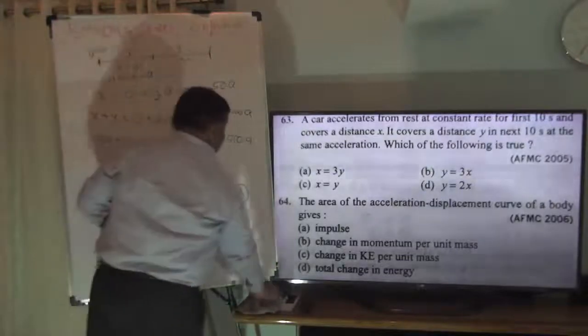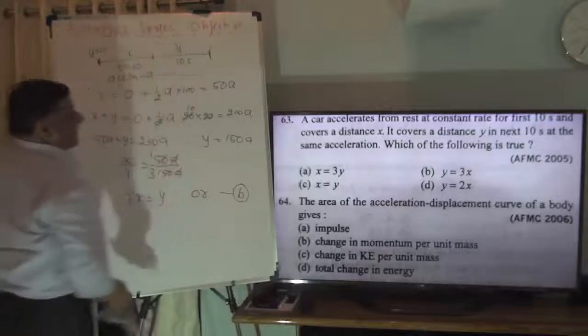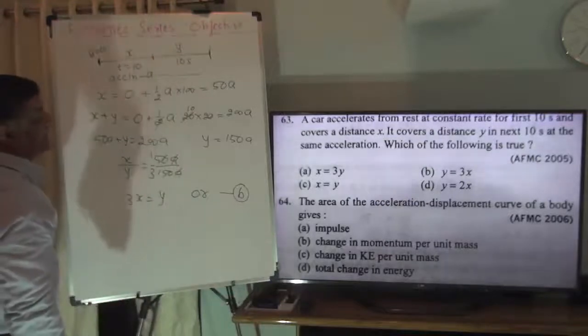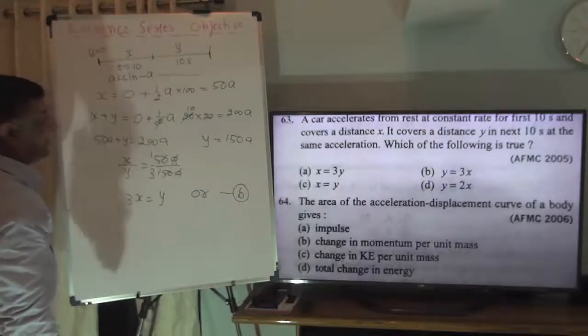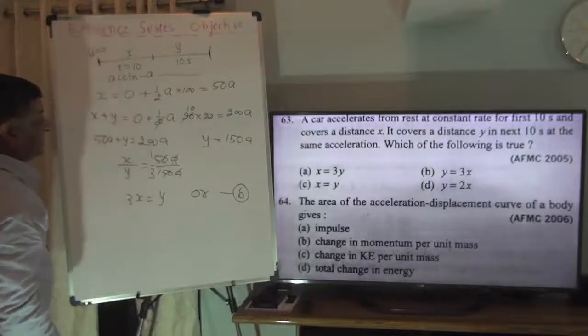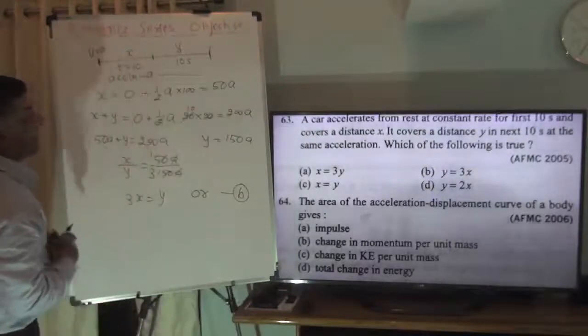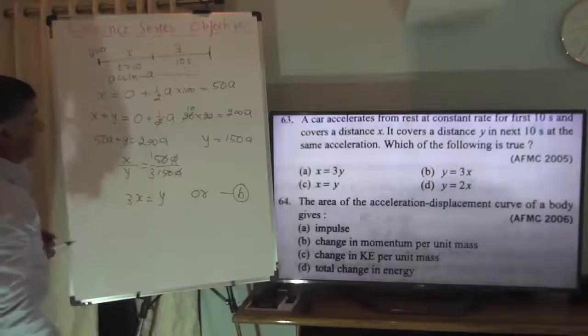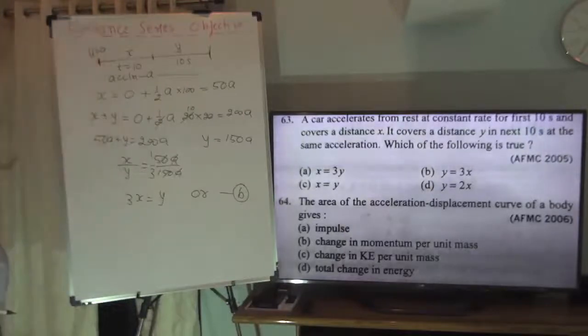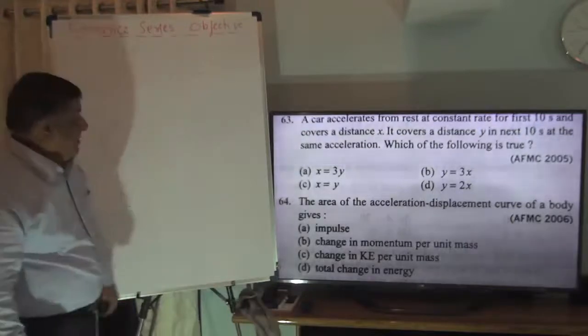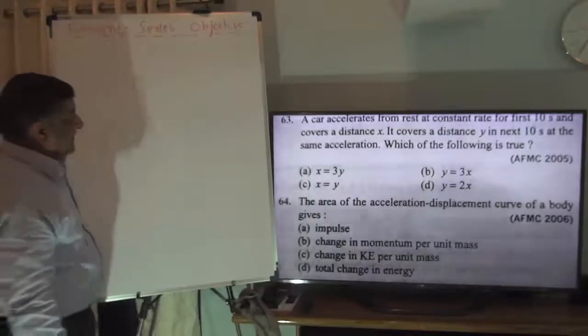Okay, now see the second question. The area of the acceleration-displacement curve of a body gives one of these quantities: impulse, change in momentum per unit mass, and D is total change in energy.